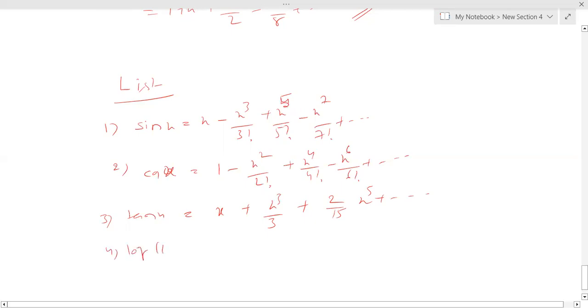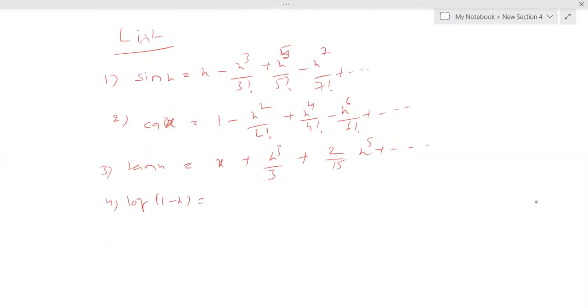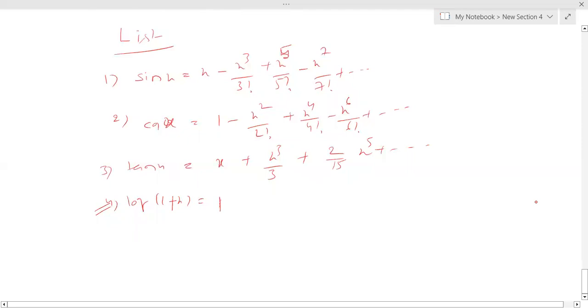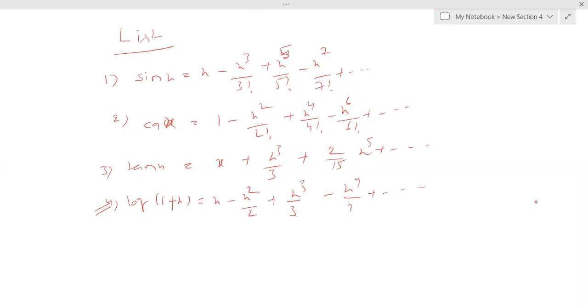Log of 1 minus x. First you write log of 1 plus x. You must derive this formula. Log of 1 plus x equal to x minus x square by 2 plus x cube by 3 minus x power 4 by 4 plus and so on. See, x square, x cube, x power 4 all come with alternating plus or minus signs, and the denominator is the exponent value: x square by 2, x cube by 3, x power 4 by 4.